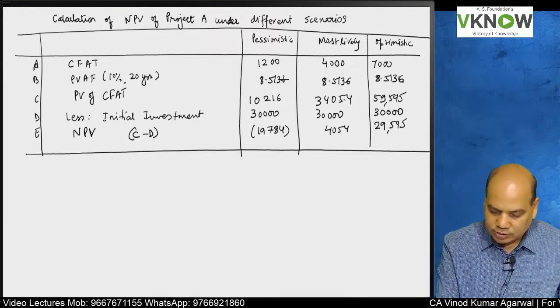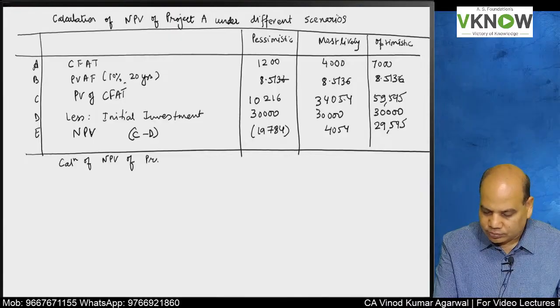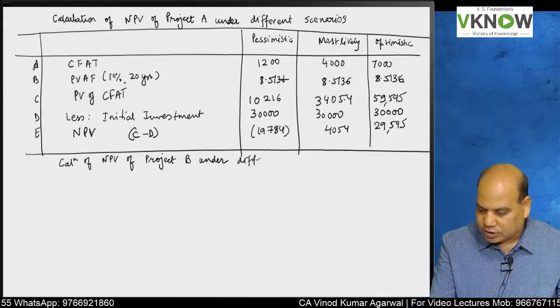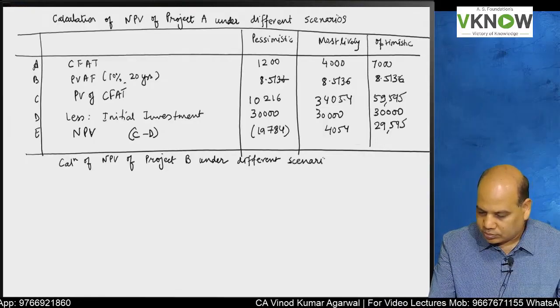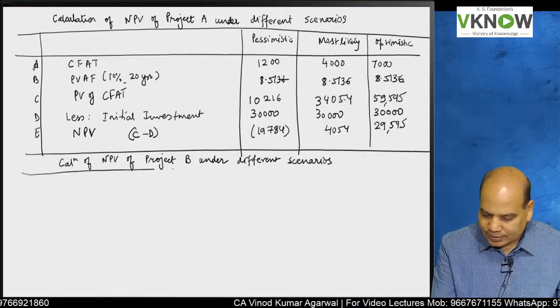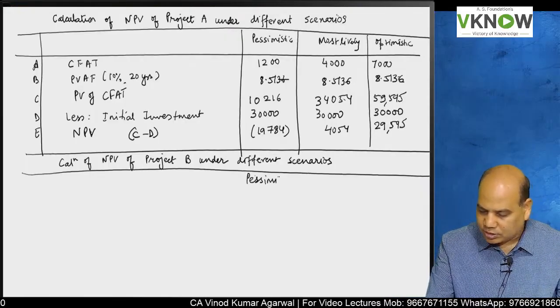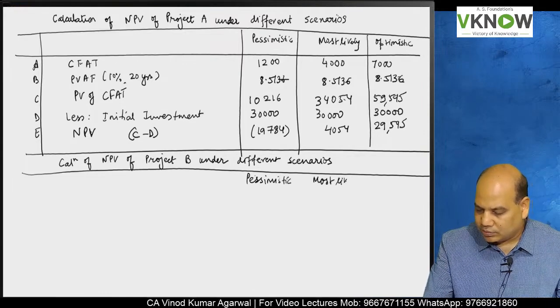Now write down in the same way, calculation of NPV of project B under different scenarios: pessimistic, most likely, optimistic.